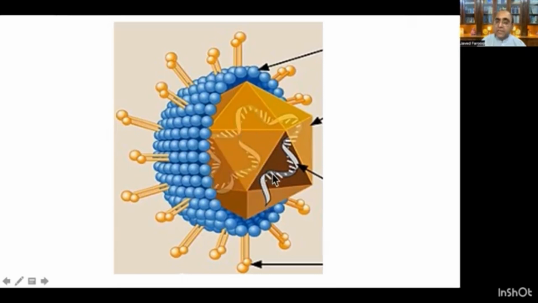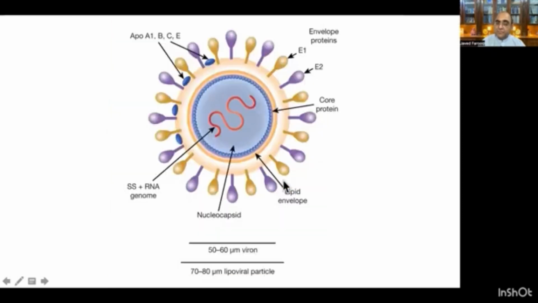Embedded in the nucleocapsid is its genome, the single-stranded positive RNA genome. So the structure has 2 components: the envelope, which is wrapping the nucleocapsid, and in the center of the nucleocapsid is the HCV RNA genome.